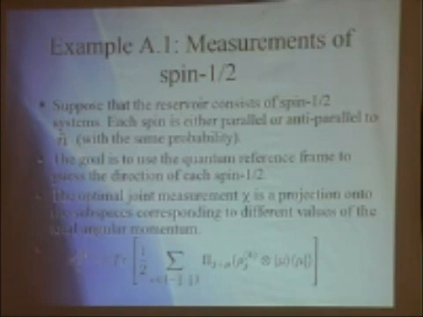Now, the goal is to use a quantum reference frame, a spin j in the direction of n hat, to guess in which direction each of the spin 1/2 is, whether it's parallel or anti-parallel to n hat.